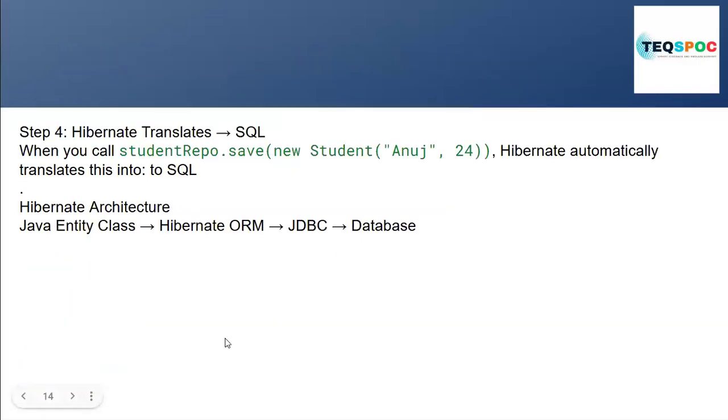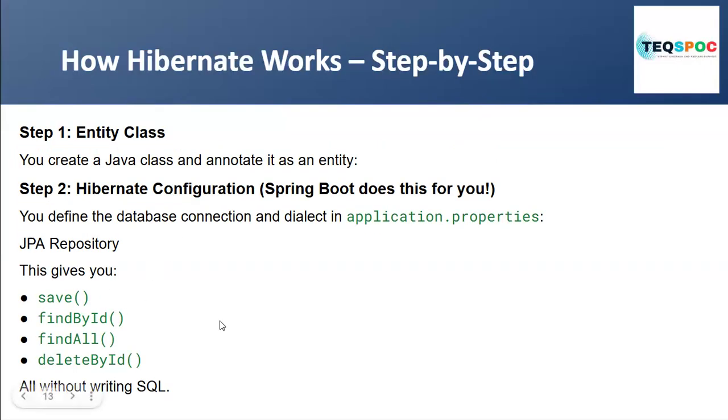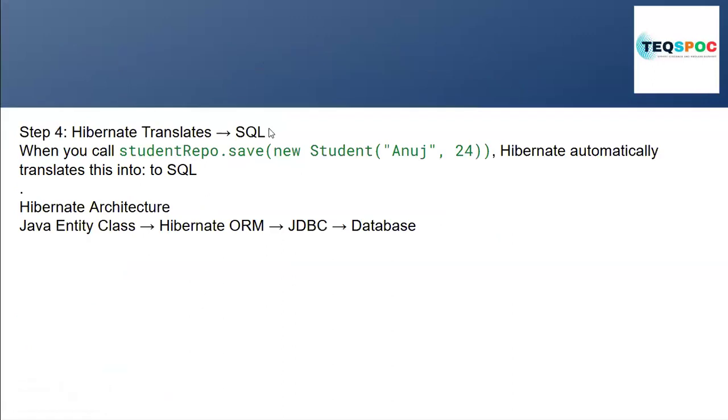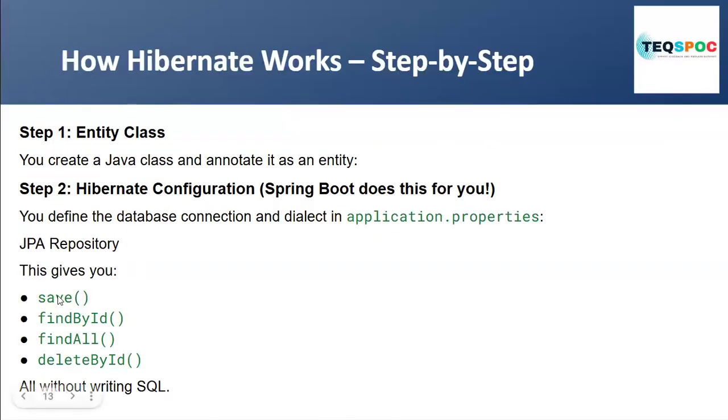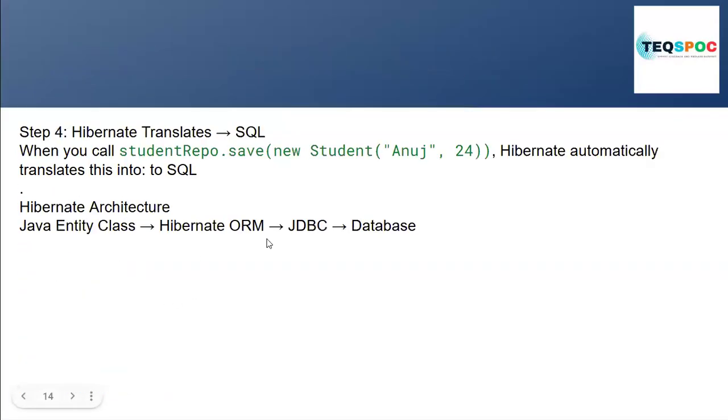Now step 4 is Hibernate translation. It creates the object and translates it to an SQL query. When you call studentRepository.save, the save method present inside JpaRepository saves that data in the database, and Hibernate automatically translates it into SQL and saves the data.